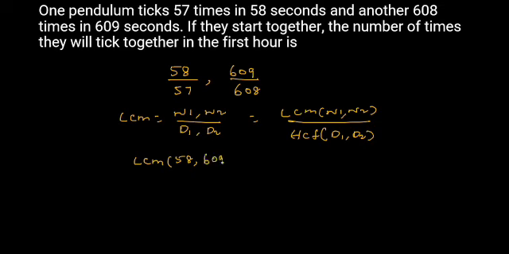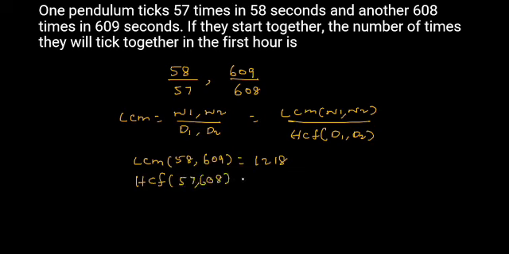The LCM of 58 and 609 is 1218. There is no need to elaborate how to find LCM because we are already accustomed to that. Now the next one is the HCF of 57 and 608.